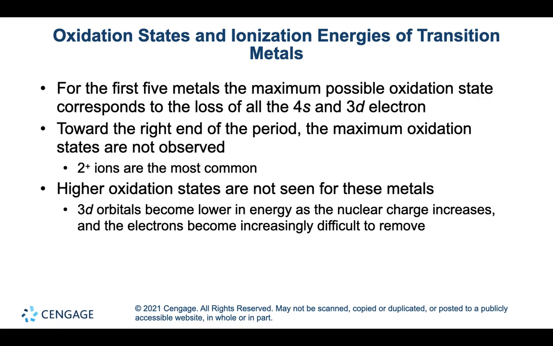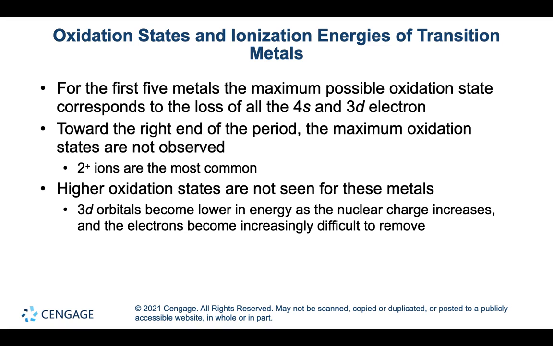Manganese can go to plus 7. But scandium, maximum possible oxidation state would only be plus 3 because of its 4s2 3d1 arrangement. Losing all the 4s and 3d electrons, there's only 3 to lose. So that's why it would be plus 3.